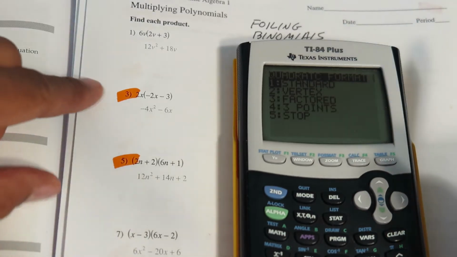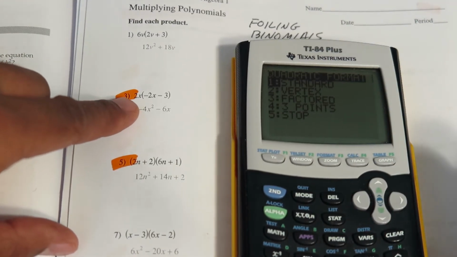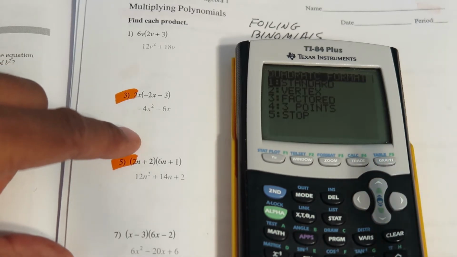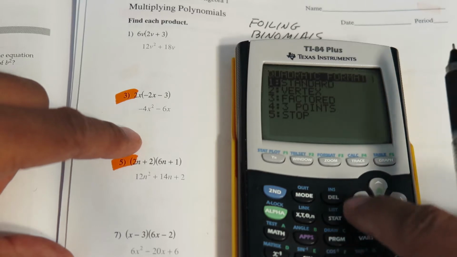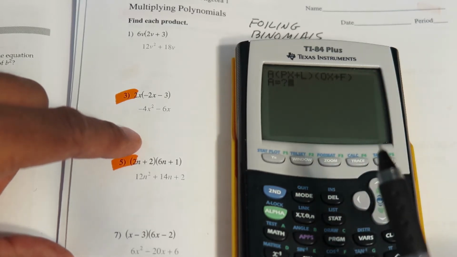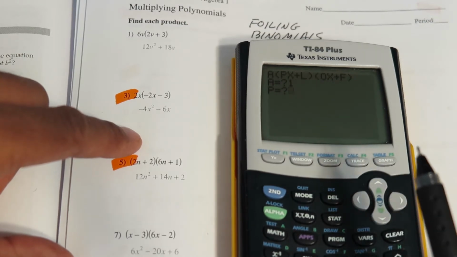Okay, so in this case we're going to look at 2x times a negative 2x minus 3. So let's go. We're going to use option 3 here. It's going to be factored coming in, and the first term, the a term, is 1. The p term is going to be 2.